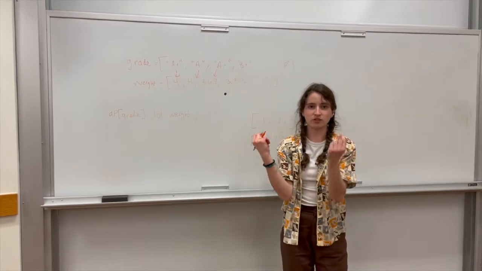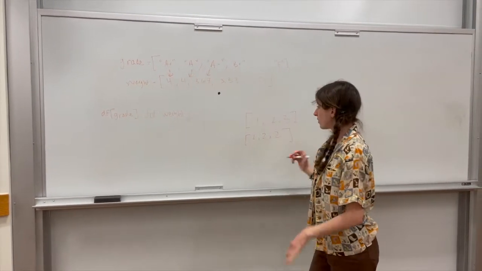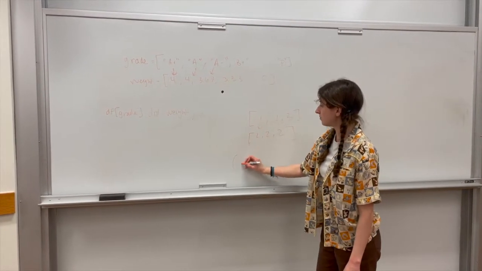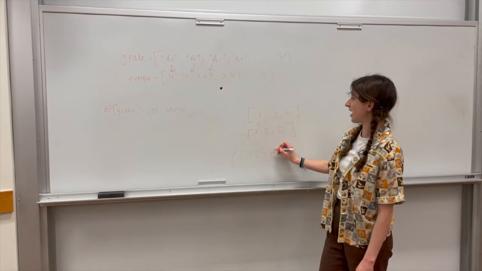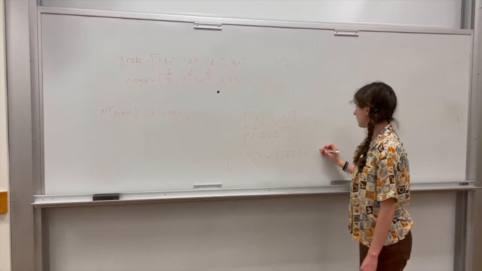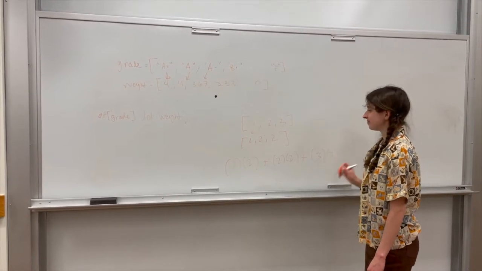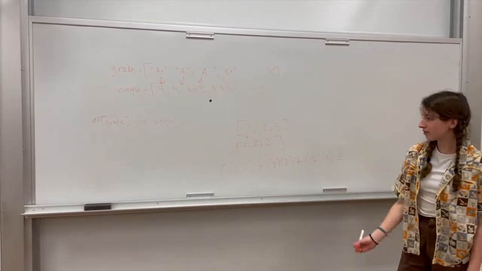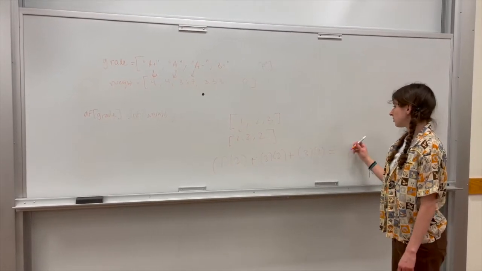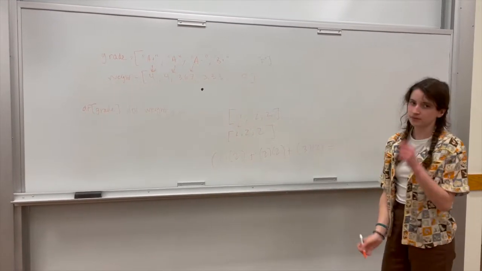It multiplies those together and then adds them up. So it'll take 1 and multiply it by 2, then add 2 multiplied by 2, and then add 3 multiplied by 2, and then add them all together. That basically becomes 2 plus 4 plus 6, that's 12, right?